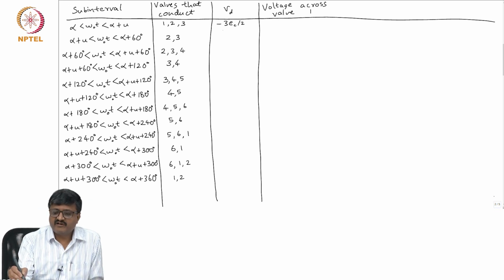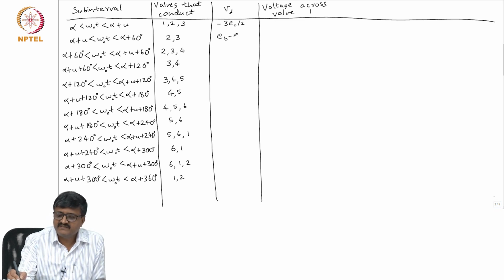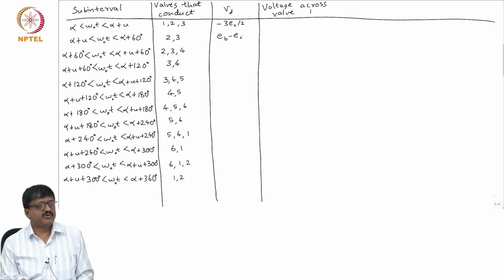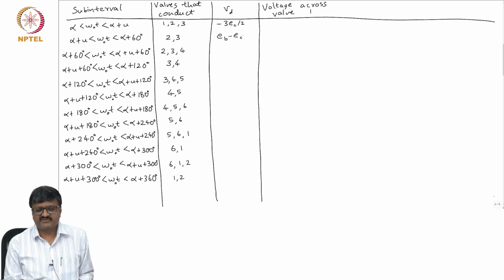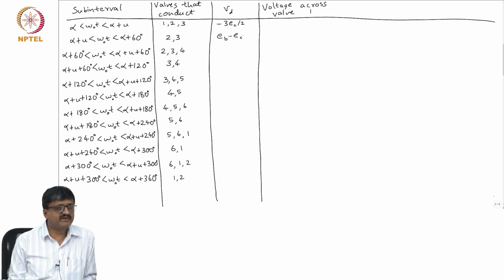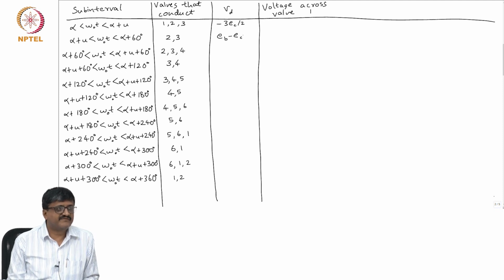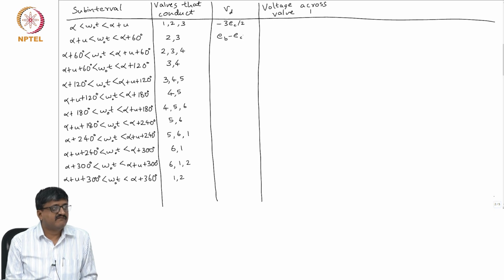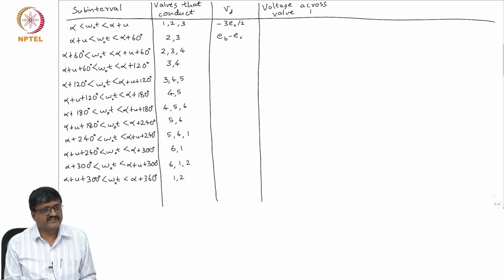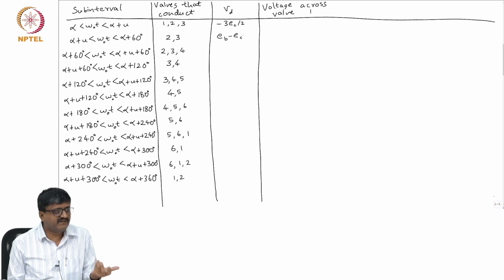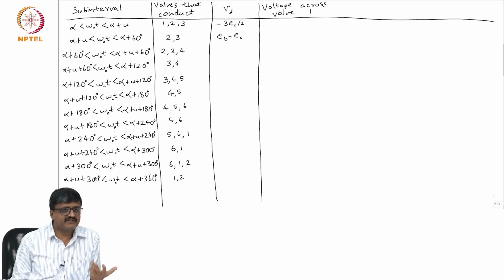The expression for Vd in the second subinterval is EB minus EC. It is easy to get the expression in the second subinterval because there is no drop across the inductance. From the circuit we can straight away say what is the expression for the DC side voltage. That is, in all the subintervals where only 2 valves are conducting, it is straightforward.